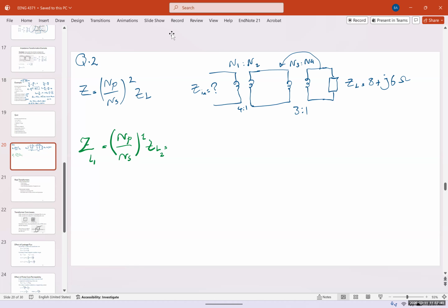This is ZL2. What is the second? Oh, this one is 3-to-1. So it's going to be 3-to-1 times 8 plus J6 ohms. So 3 times, and this is, I'm sorry, squared.